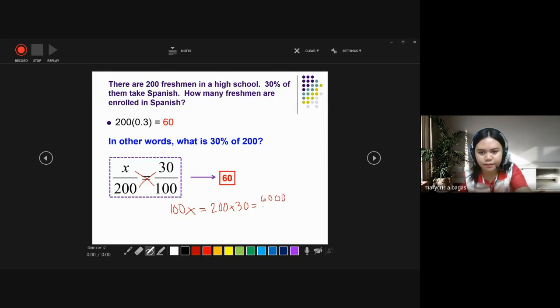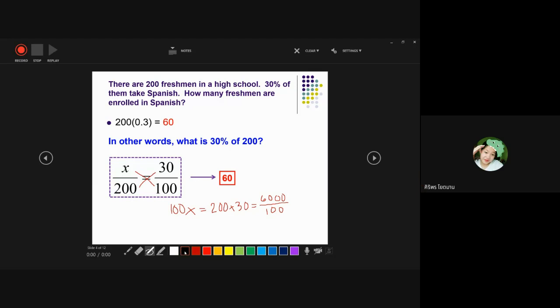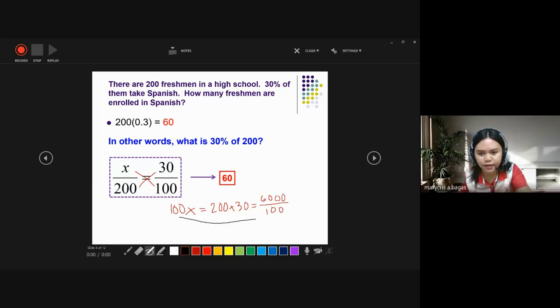6,000 divided by 100 is 60. Meaning x is equal to 60.